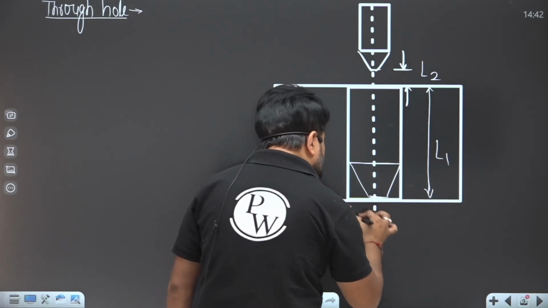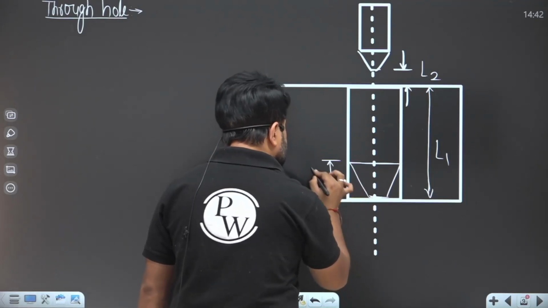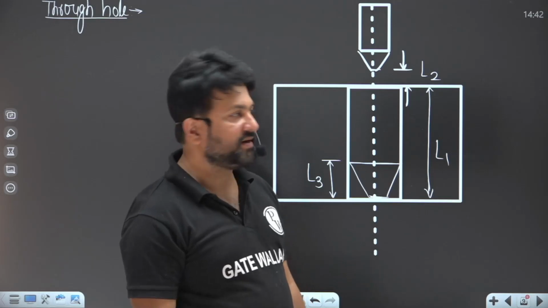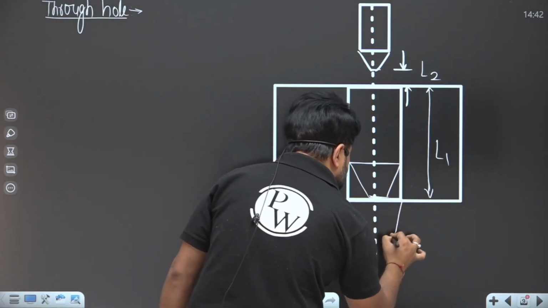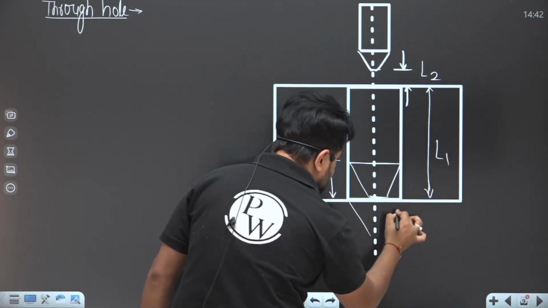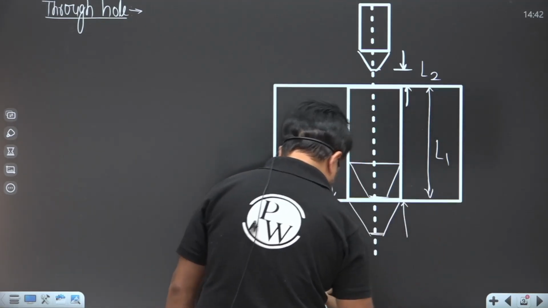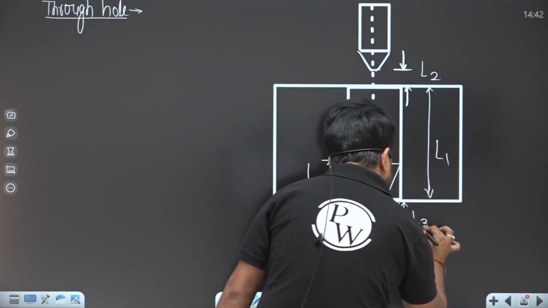So the drill tool has to move that much distance, and it is known as L3. L3 is the cone height. Now the drill comes here by a distance L3.